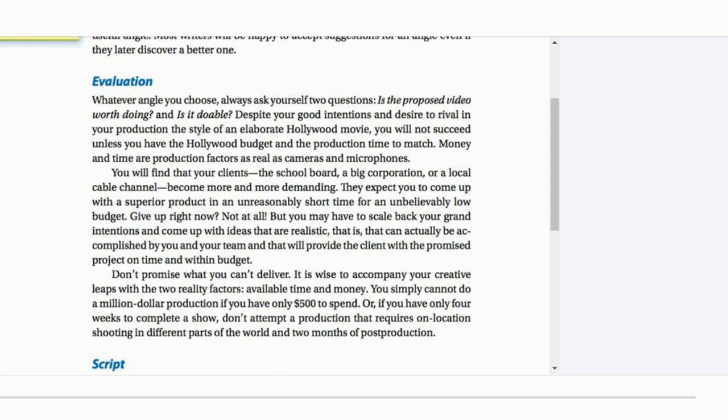And then, is it doable? When I say is it doable, what I want you to think is this: Mr. Herring will typically give you 2 weeks to do a commercial, and I'll typically give you 6 weeks to get a film done. So in that time, you would ask, do we have enough time to get this done?